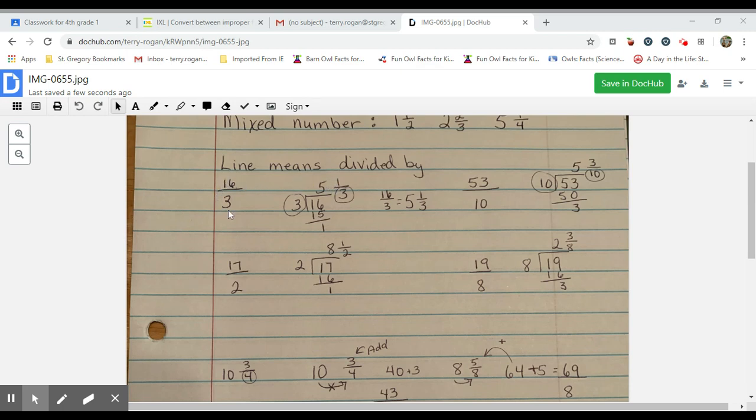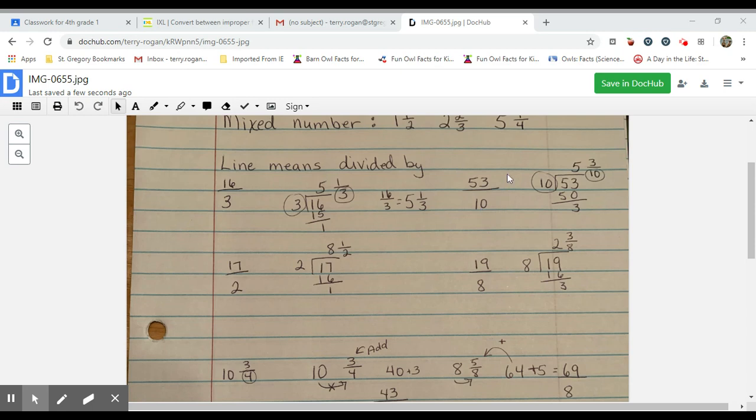If you think about this like pizza, if we had 5 whole pizzas that were divided into 3 pieces each, because that's what our denominator is, and we had 16 thirds, we would have 5 whole pizzas and 1/3 of a pizza. So 16 thirds equals 5 1/3.